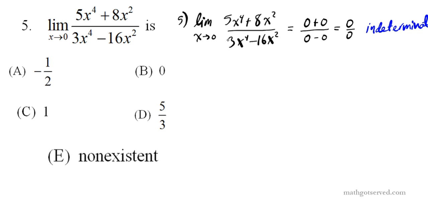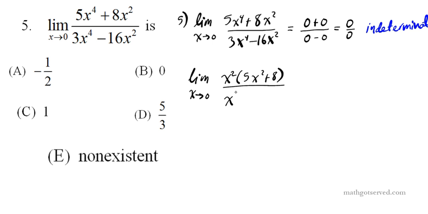So let's go ahead and factor the numerator and the denominator. The GCF in the numerator is x squared, so we'll factor that out. We're left with 5x squared plus 8. And in the denominator, the GCF is x squared also. You have x to the fourth and x to the second power. Just simply grab the power of the smaller of the two.